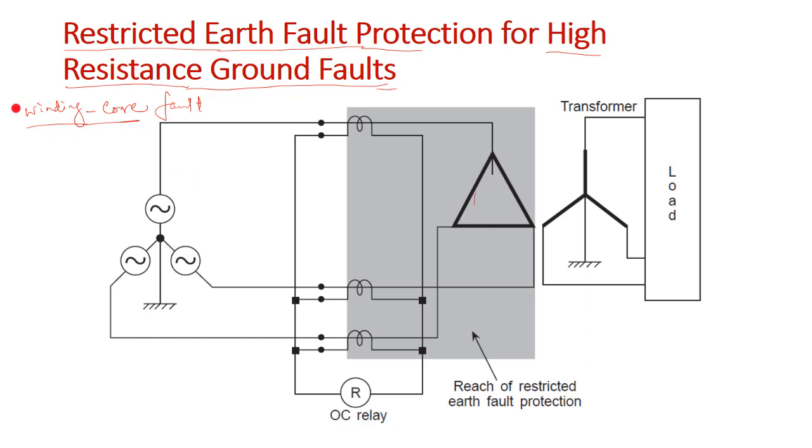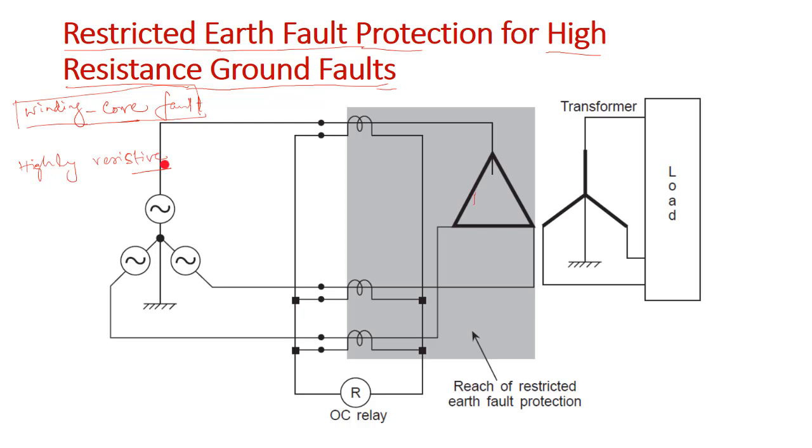So in fact this winding to core fault is high resistive in nature. Why is it high resistive? Because we know the core is laminated, and inside the lamination we have a lot of ingredients, like a sandwich: the varnish, paper, all these things, in order to reduce the eddy current in the core.